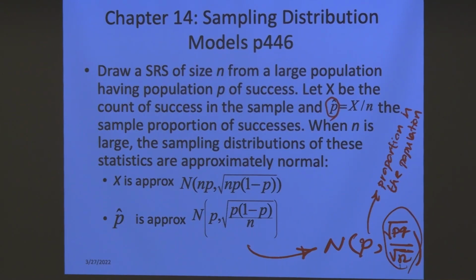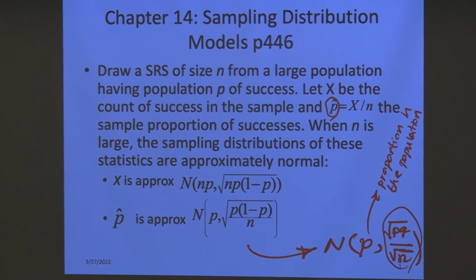And for this, in the previous chapter, we discussed that the number of successes, x, can be approximated using a normal model, right? And we had some assumptions for that. The sampling distribution of the sample proportion is approximated by a normal model. We showed in the previous chapter that for this normal model, the mean is p, and the standard deviation is the square root of pq over n.